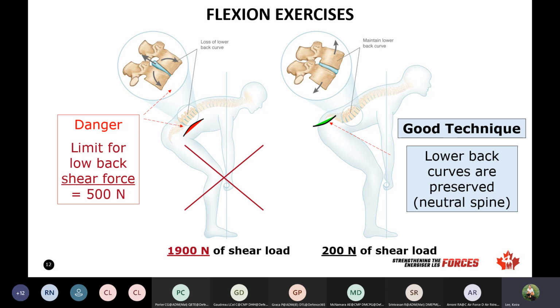So on the right-hand side, we can see a quick fix to greatly reducing the shear load on the spine is just to adopt a neutral spine, which just means that we are maintaining the natural curve of our lumbar spine. And that reduces it to 200 newtons of shear force. So it's well below the recommended limit.